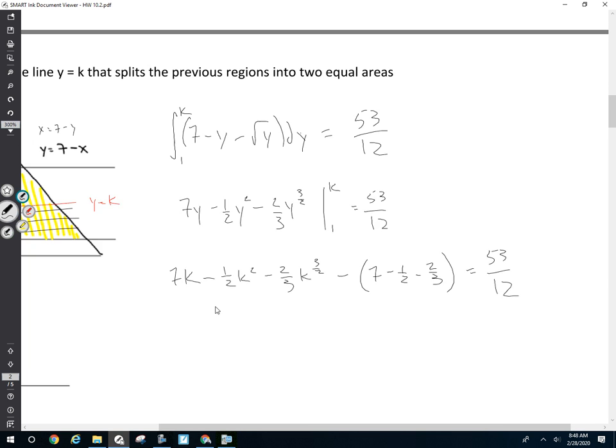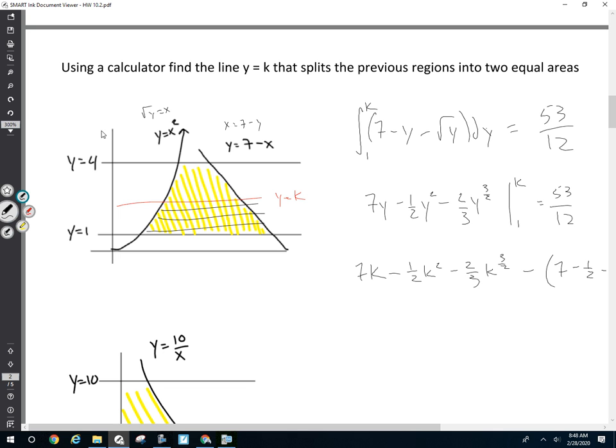I'm looking for a y value between 1 and 4. I'm thinking that it's going to be closer to 1, so not right in the middle, which is 2.5. It's probably closer to 2. So it's going to be closer to 1 than it is to 4 compared to the middle.